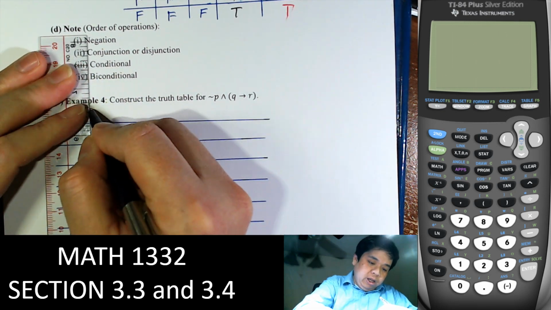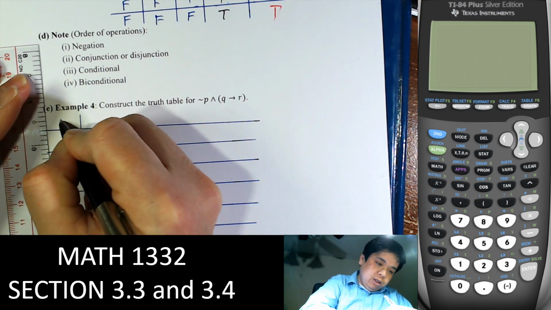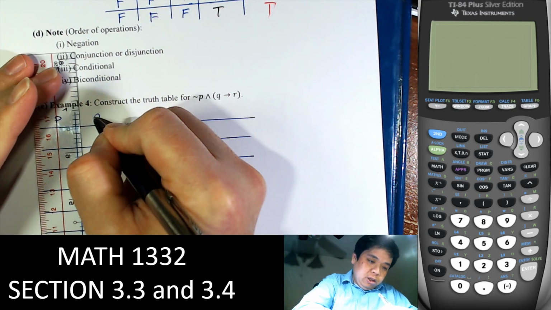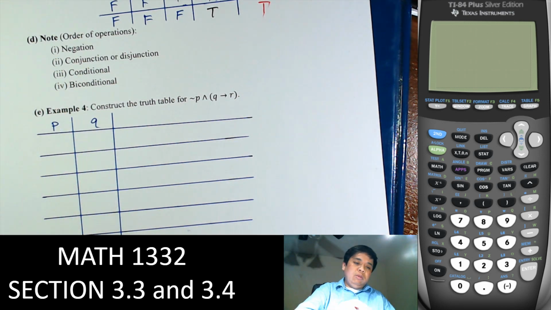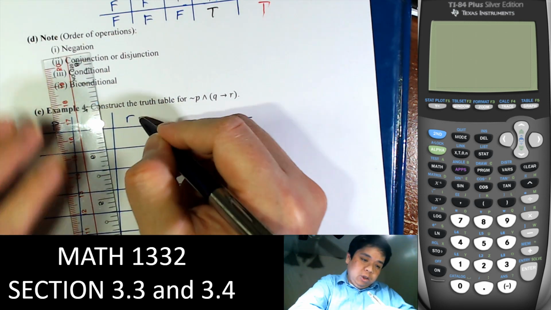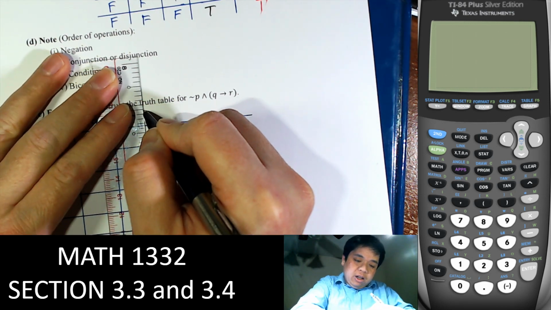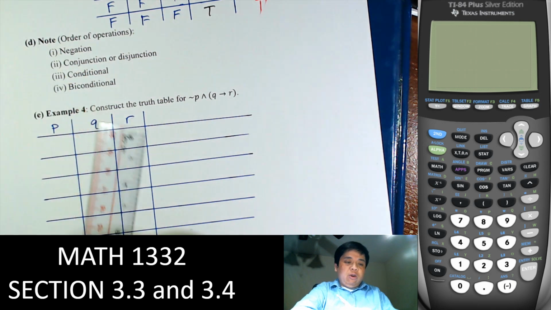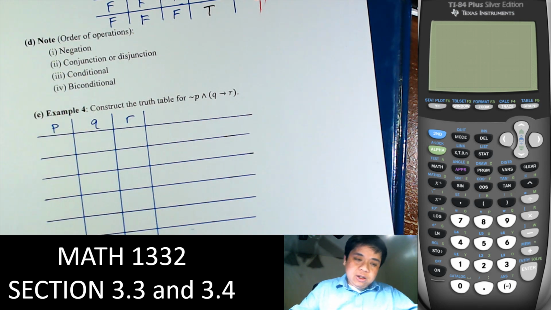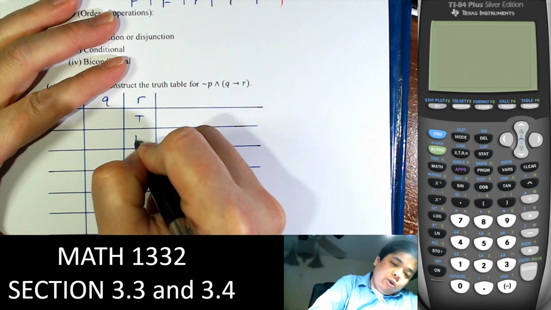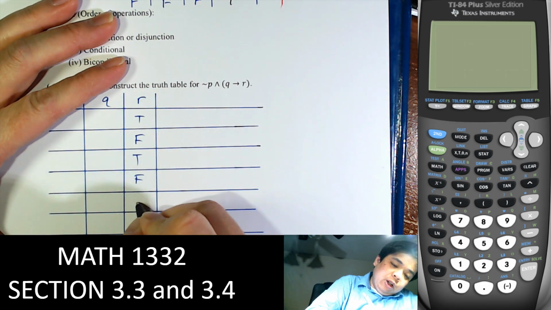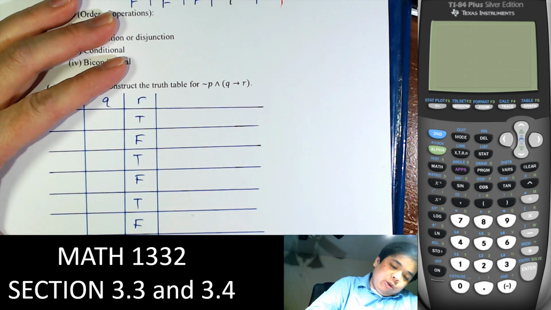So P, and Q, and R. We can always do that first. Different scenarios for each case. I do it exactly like I did before: true, false, true, false, true, false, true, false.